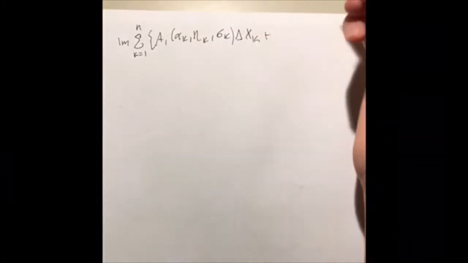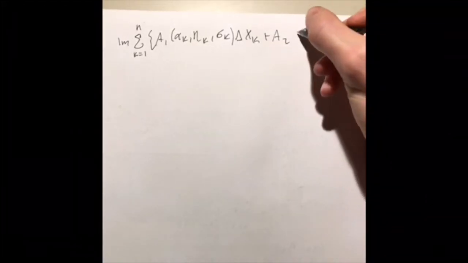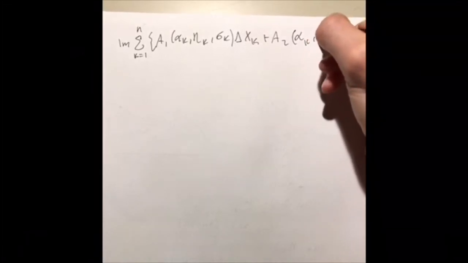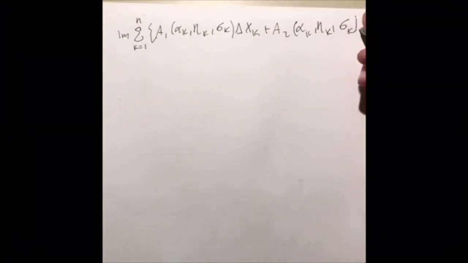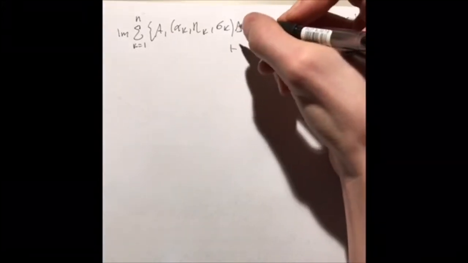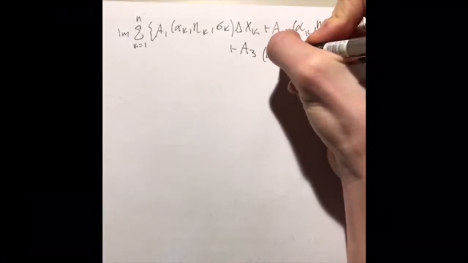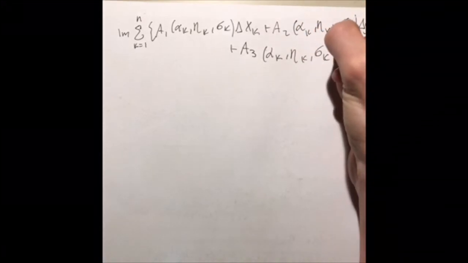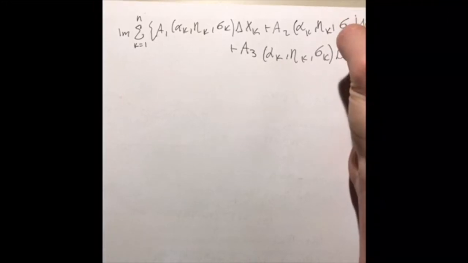plus capital A2 of alpha k, eta k, sigma k times delta yk plus capital A3 of alpha k, eta k, sigma k times delta zk.